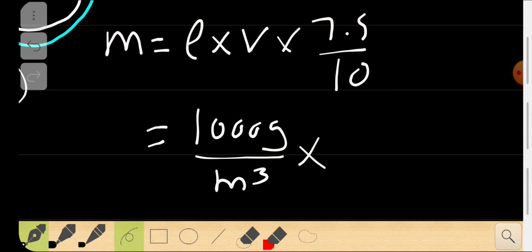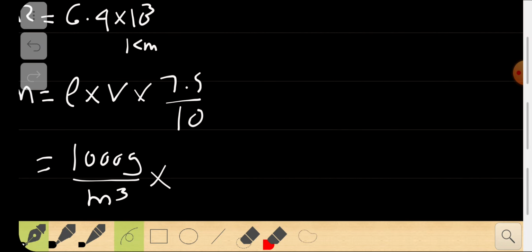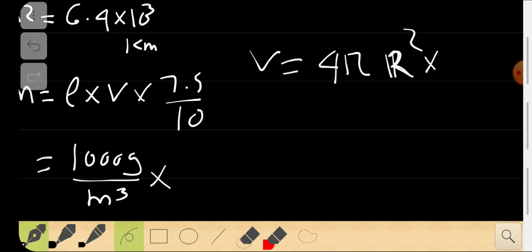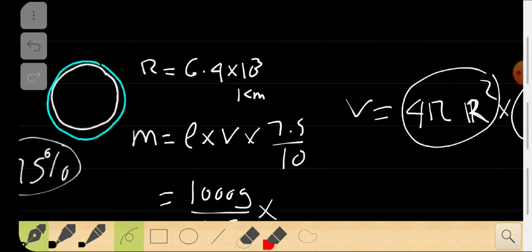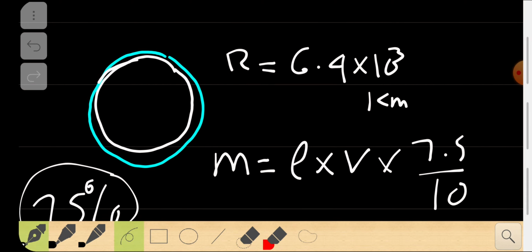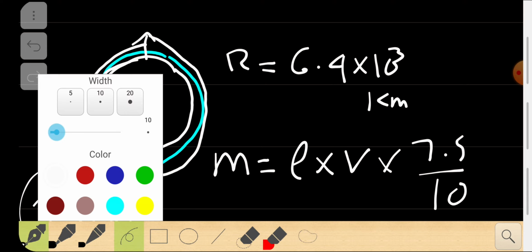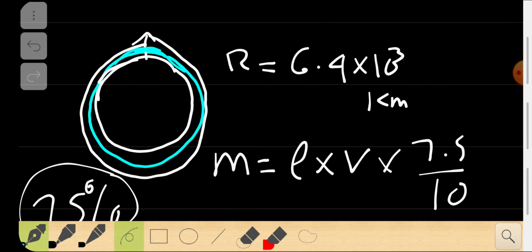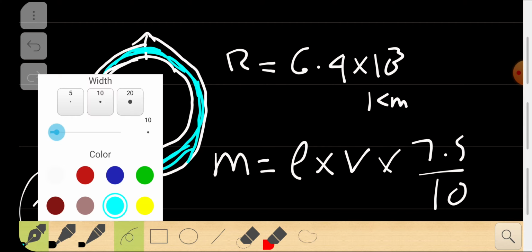The volume will be 4 pi r square times the distance. This is the area and this is the distance. That means the area covered by the surface plus the distance upwards, that completely fills the water inside. That's the volume of water. Area times distance is also a volume.